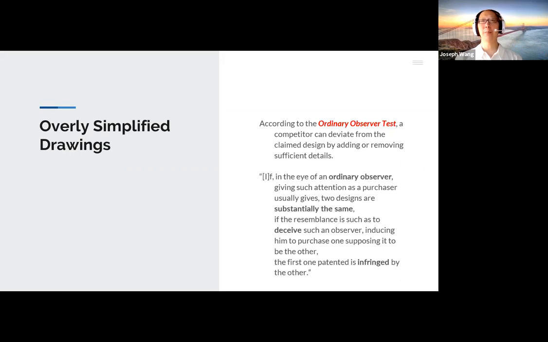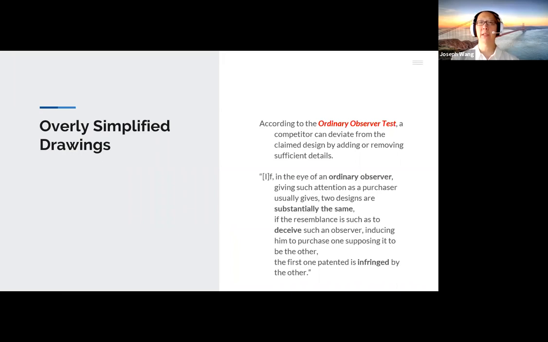That is straight up confusion in the marketplace, concepts that we typically would see on the trademark side of things. And this is the test for whether a design is infringed by another design or not. This is not an element by element analysis that we do on the utility side. If we're not applying the ordinary observer test in examining 2 designs against each other, we're not doing it right.